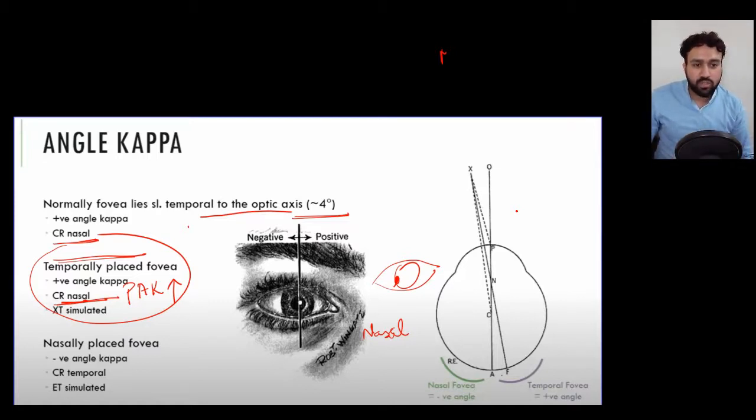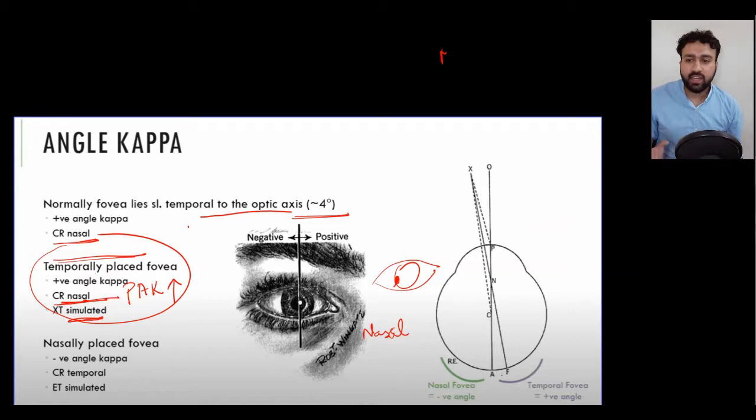You remember the numbers of the Hirschberg test, right? So in this case, if the fovea is more temporal, the corneal reflex is more nasal, the positive angle kappa will increase, and in that case it will simulate an exotropia. Correct? Now it is interesting that it says exotropia is going to be simulated, and it's not saying that it's actually going to be a true exotropia, and we'll discuss that in a bit.